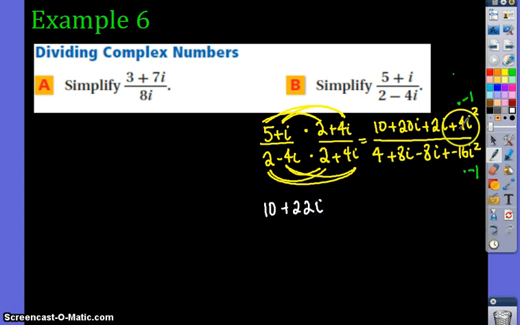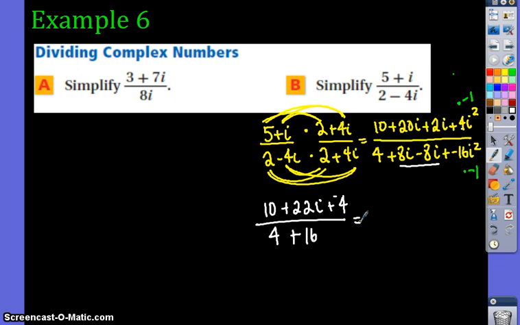And then a 4 times a negative 1, that's going to be a negative 4. And then our denominator, we'll have the 4, and then these two will wind up canceling out and becoming a 0. But the negative 16 times the negative 1 is a positive 16, so plus 16.